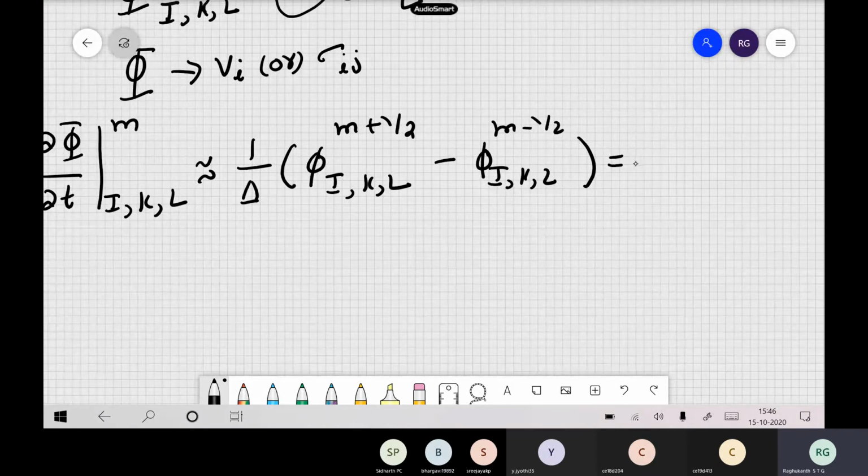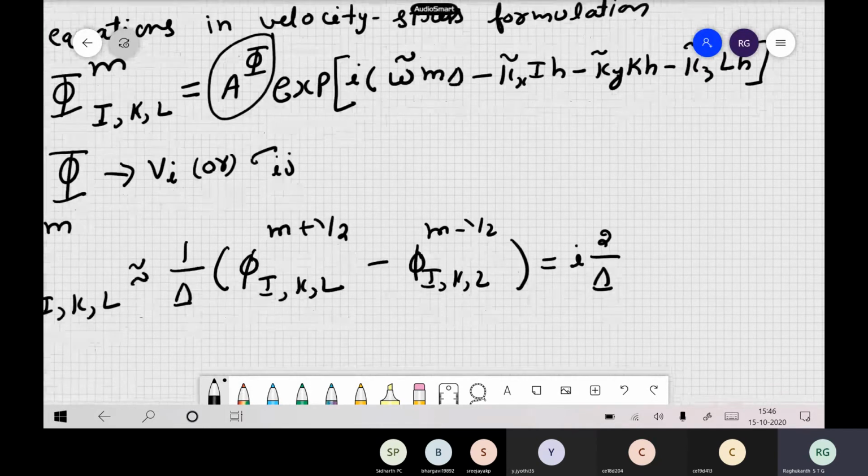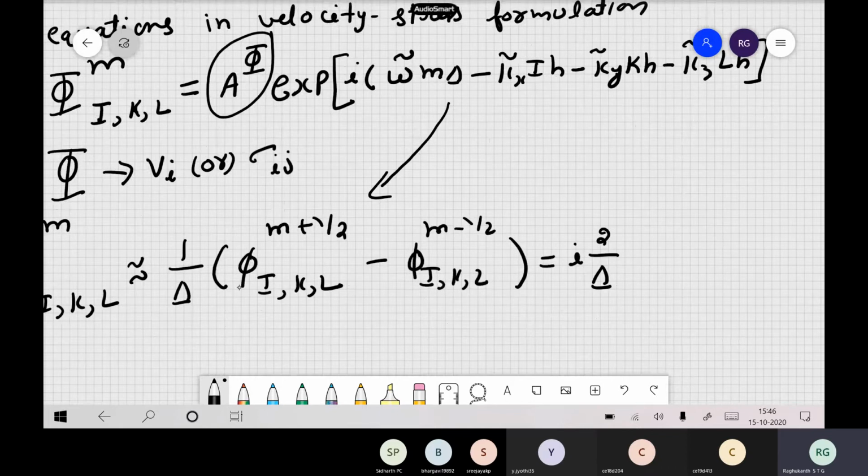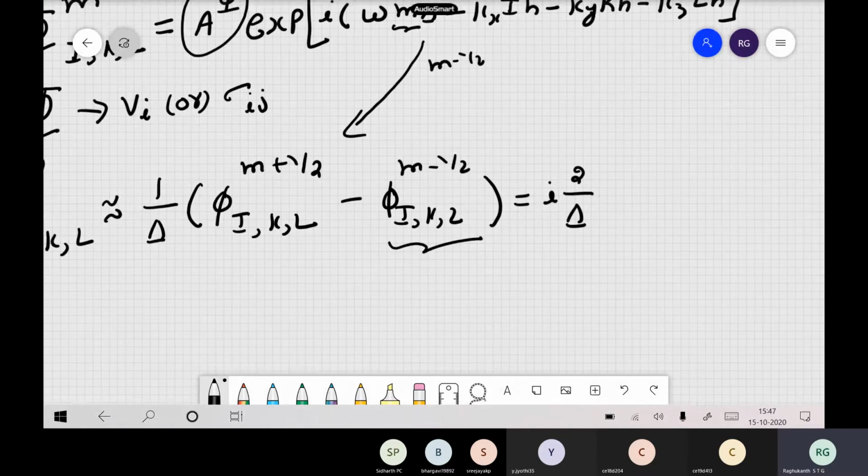You can write this expression as i into 2 by delta. So here what to do is you substitute this expression. Okay, so now φ I K L at m plus half. So this will be the same expression; instead of m, we have to substitute m plus half. Now for this same equation, you have to substitute m is equal to m minus half. So e to the power of, all of them get cancelled, or whatever these things become.